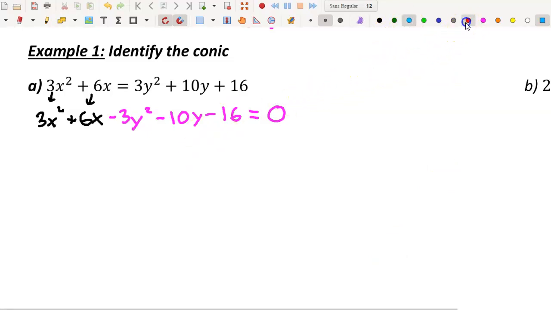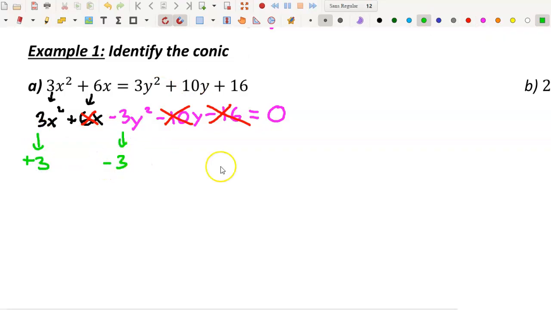As I said before, now that we did all that work, let's just cross off most of the problem and not worry about it. Compare the A and the C, always next to, or the coefficients of, the quadratics. So we have a positive 3, and you have a negative 3.